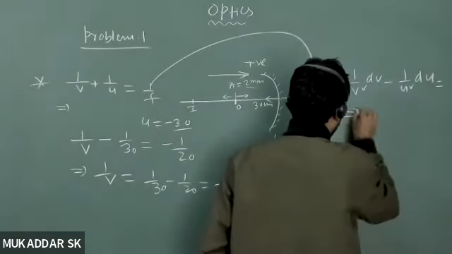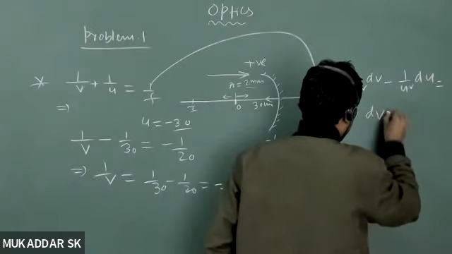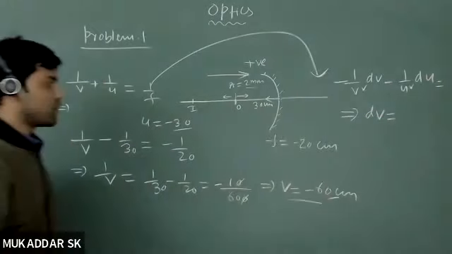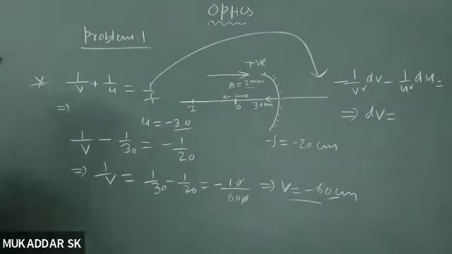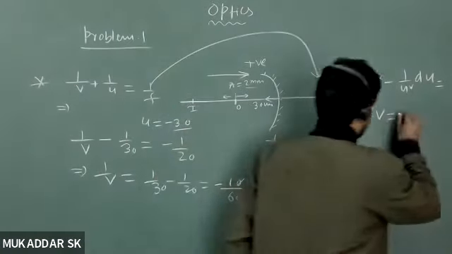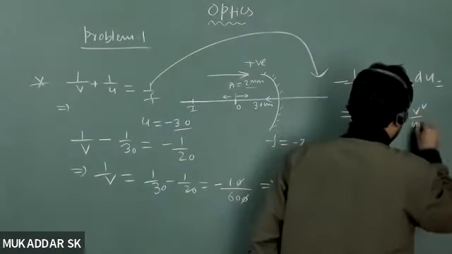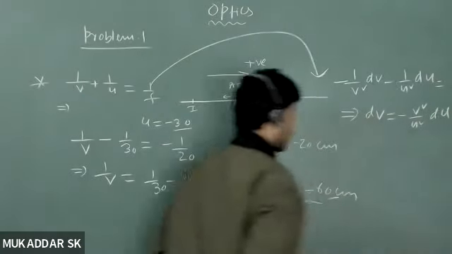So from here I'll get the deviation of image position, that is nothing but minus V square by U square into del U.